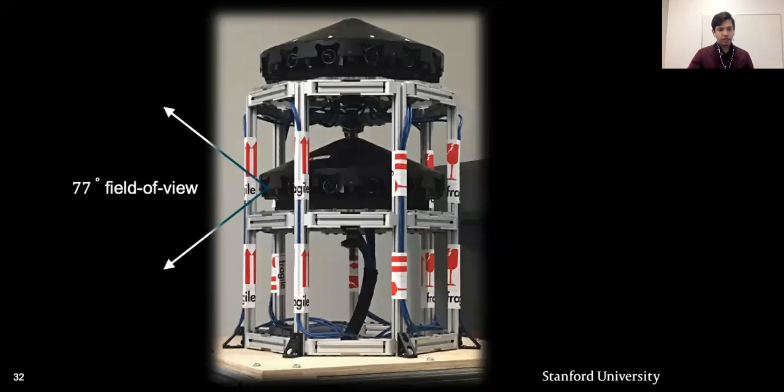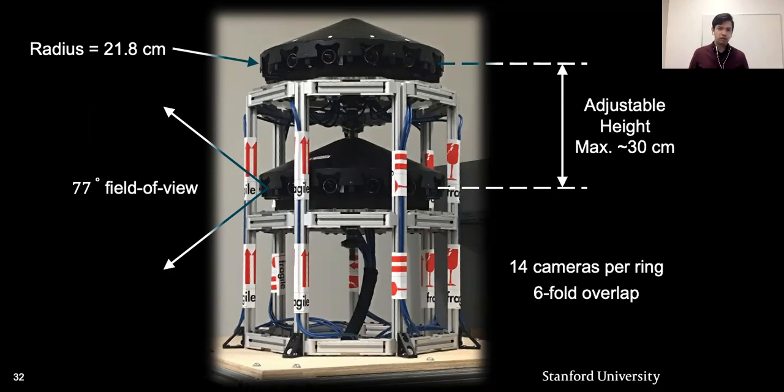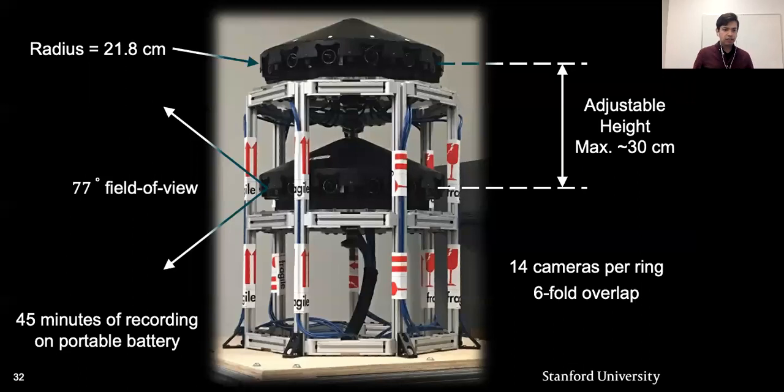The field of view of each lens is 77 degrees. The radius is 21.8 centimeters. The vertical separation is adjustable with a max separation of 30 centimeters. We have 14 cameras in each ring, and each region of the scene is observed by around 6 cameras, 3 in the top ring and 3 in the bottom ring. And finally, we get 45 minutes of recording with a portable power supply.